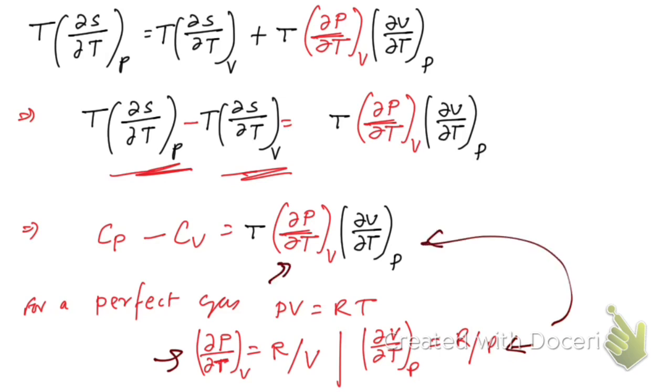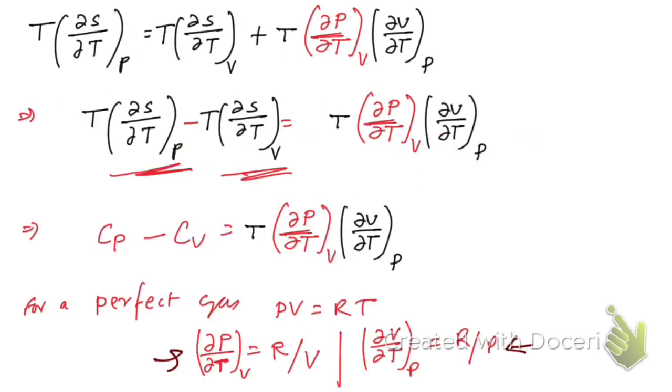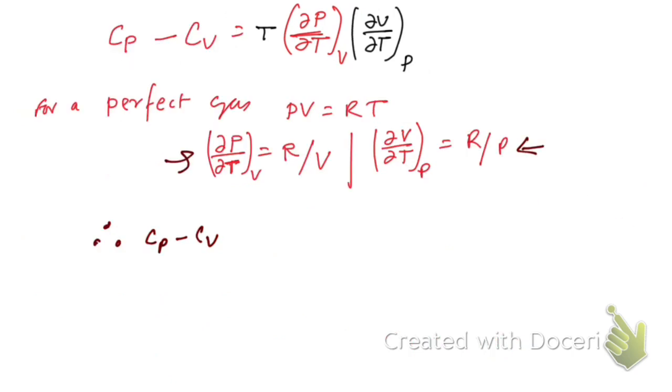Okay, if we do that, let me copy these things and let me take a new slide. Here is the new slide, you can see. So therefore what are you going to get? Let me do one more thing. I forgot to mention here, using equation number 1 and equation number 2, Cp minus Cv.